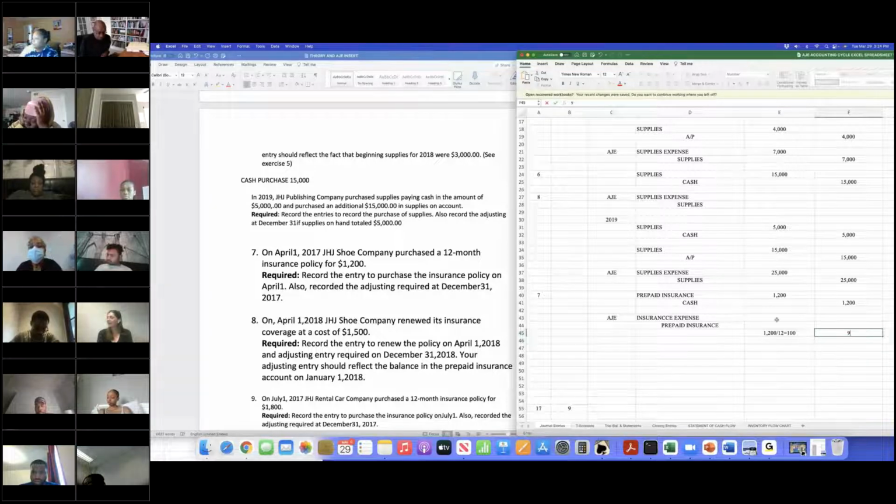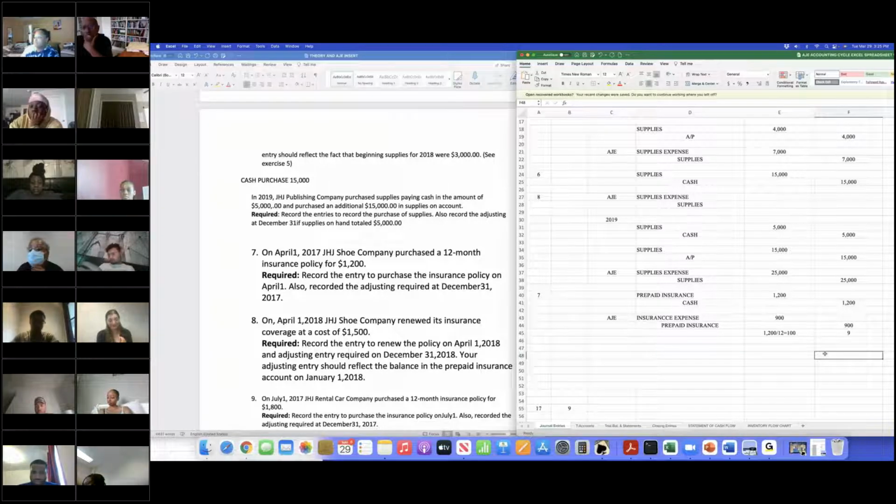Got it? Are there any questions on this prepaid insurance this first year where we're coming up with the amount? We simply look at what we paid, we divide it by 12, assuming it's 12 months. It's going to amortize at the rate of $100 a month.